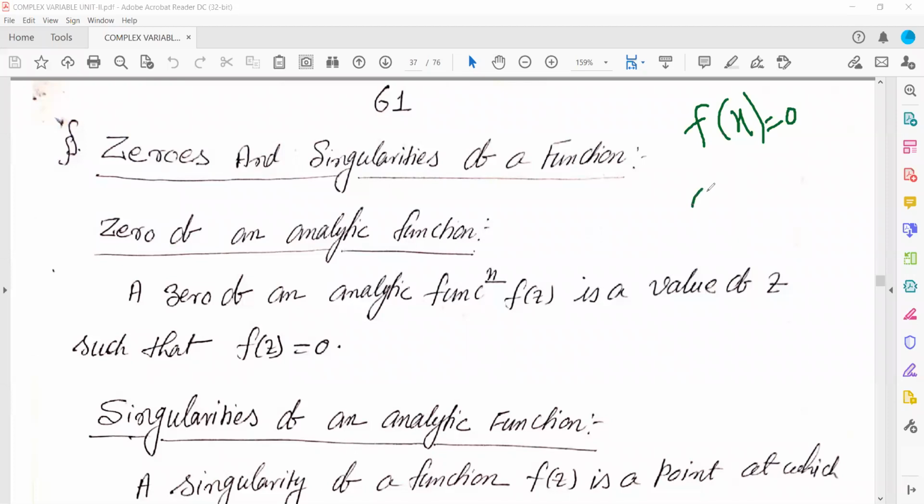So if your function is like this, x square minus 2x plus, suppose, 3 is equal to 0, then what are the roots?